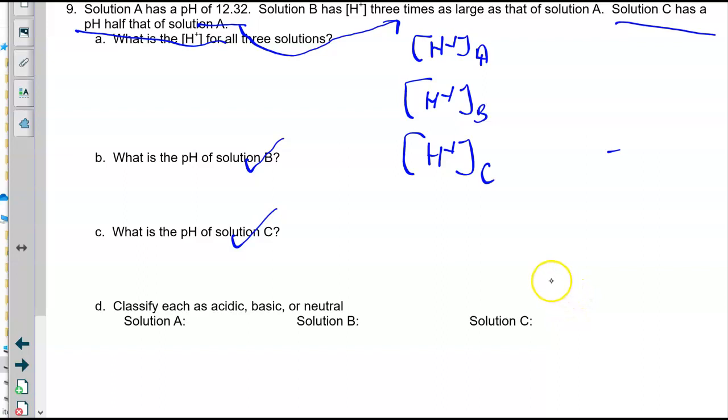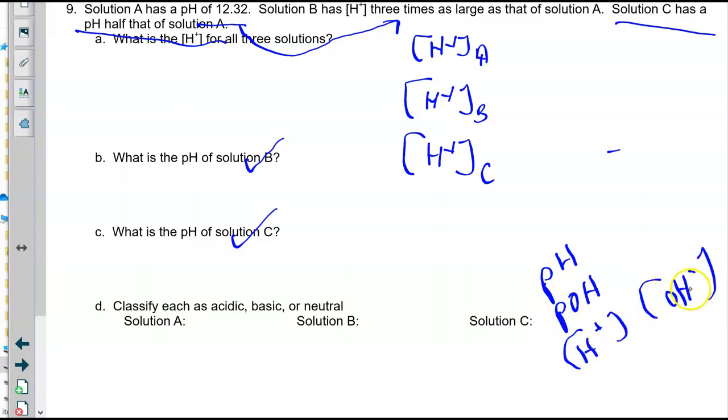So remember, the way you can justify things is that you can compare pHs to tell me if it's acidic or basic. You can compare pOHs to tell me if it's acidic or basic. You can compare H plus to OH minus, whether one is greater than or equal to the other.